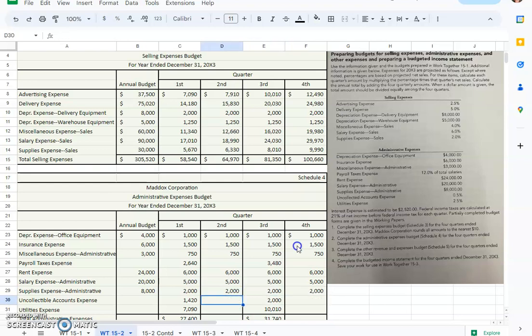Okay, now uncollectible accounts expense is 0.5% of our net sales again. So we'll just take one of these formulas. We'll do a check on one of these first, right? So we'll copy our formula so that we get that round formula and get it right.